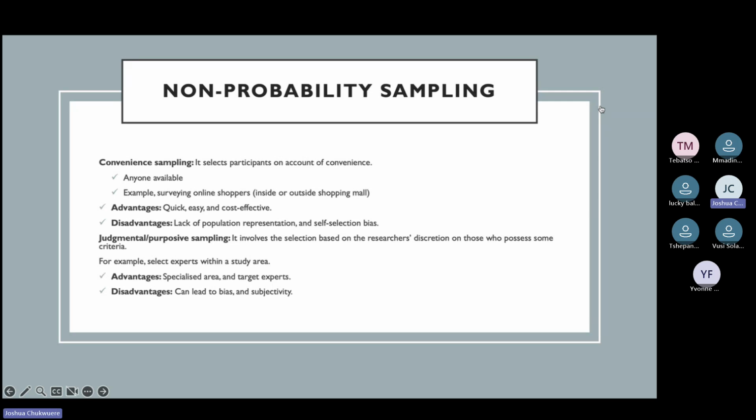So in this case right now, what are we talking about here? There are different types of non-probability sampling. One of them is convenience sampling. It selects participants on account of convenience. They are available, they are reachable, they are approachable.